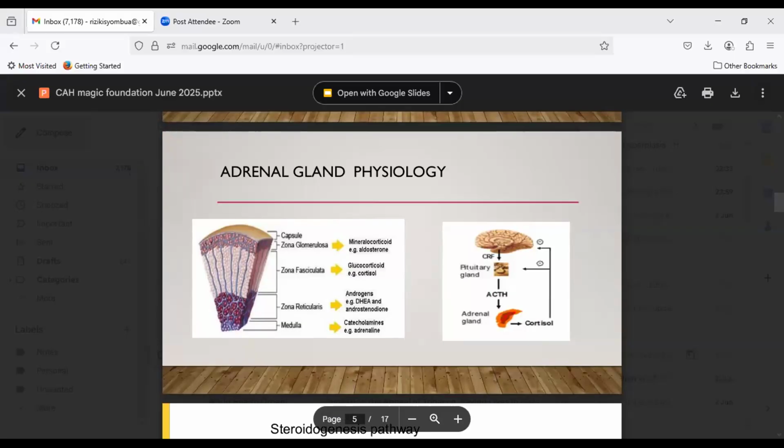So the 3 zones are actually controlled by ACTH. So the corticotropin releasing factor from the hypothalamus stimulates the pituitary to secrete ACTH, which is adrenocorticotropin hormone. And that's the one that stimulates the adrenal gland to make cortisol. And cortisol does negative feedback both to the pituitary and the hypothalamus. What you notice in this diagram is that the other hormones, the mineralocorticoids and the androgens, although all are stimulated by ACTH, do not have a feedback mechanism.